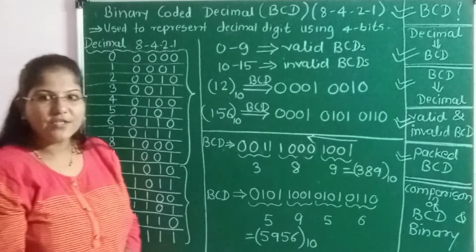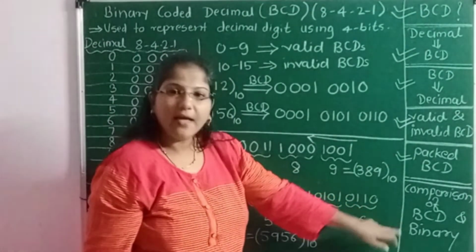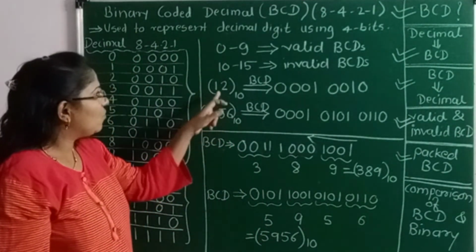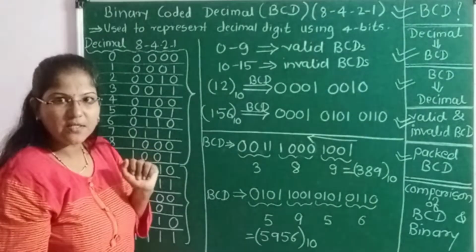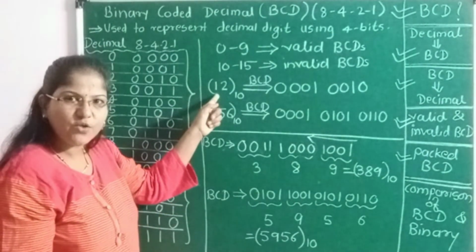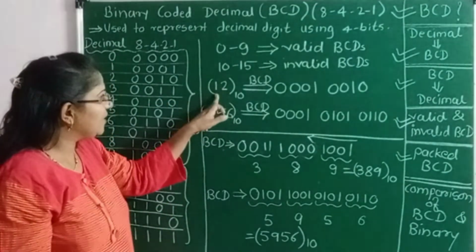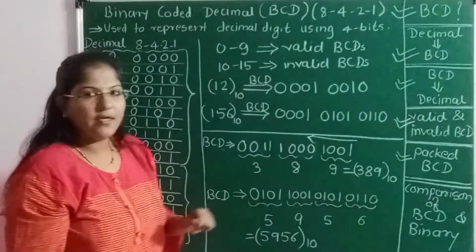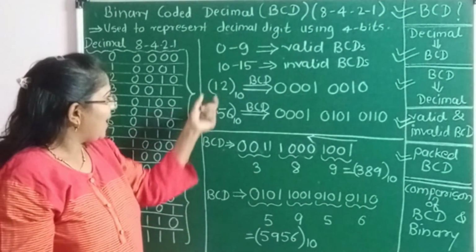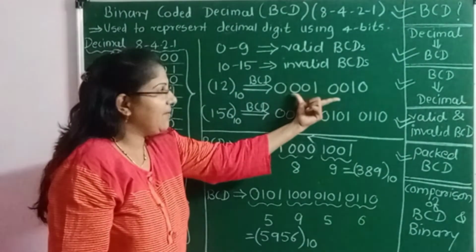Now the only last point remaining is the comparison of BCD and binary. Here you can see a simple example of how to represent 12 using the BCD. When we represent any decimal using the BCD, we replace each digit by its equivalent 4-bit number using the 8421 code. So as 2 digits are there in the number, 8 bits are there.